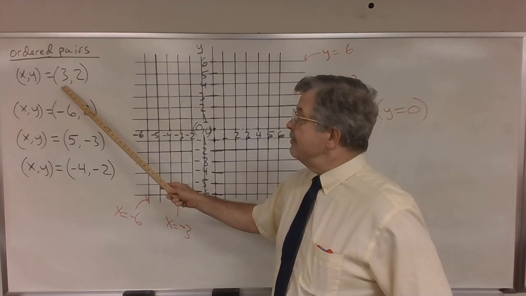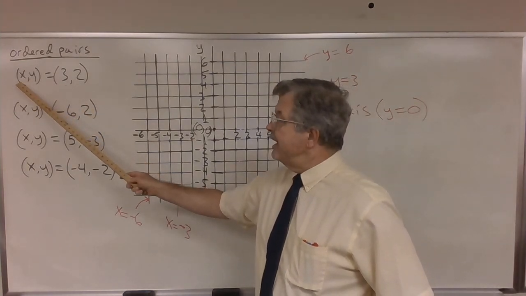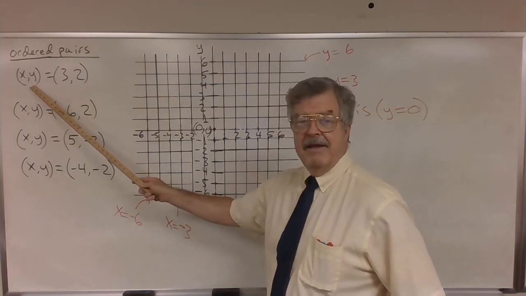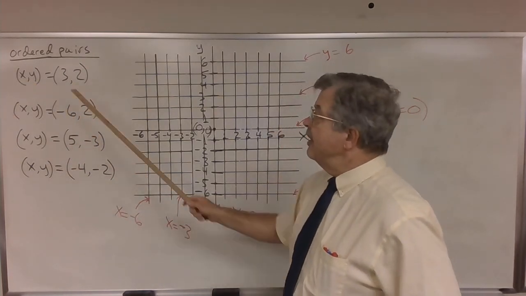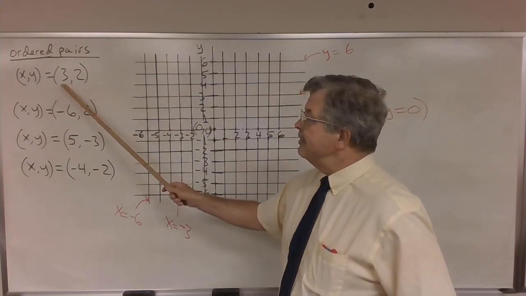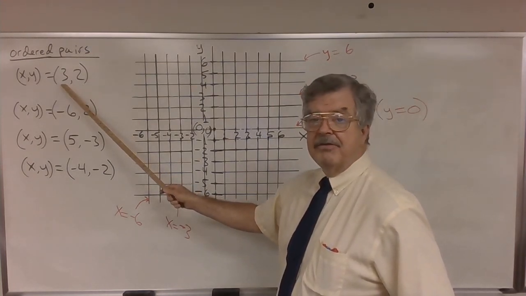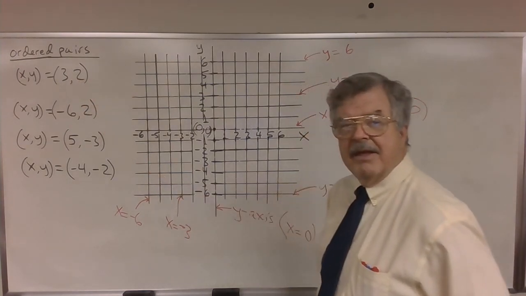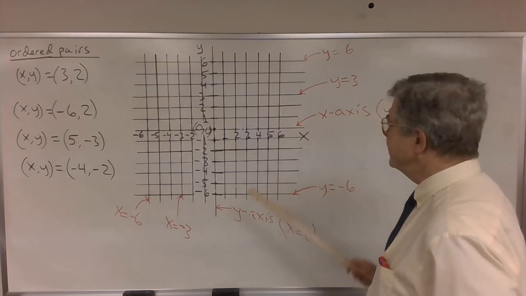The first number of the pair represents an x value. The second number of the pair represents a y value. So this ordered pair of numbers represents the point in which x is equal to 3 and y is equal to 2. Can we find that?